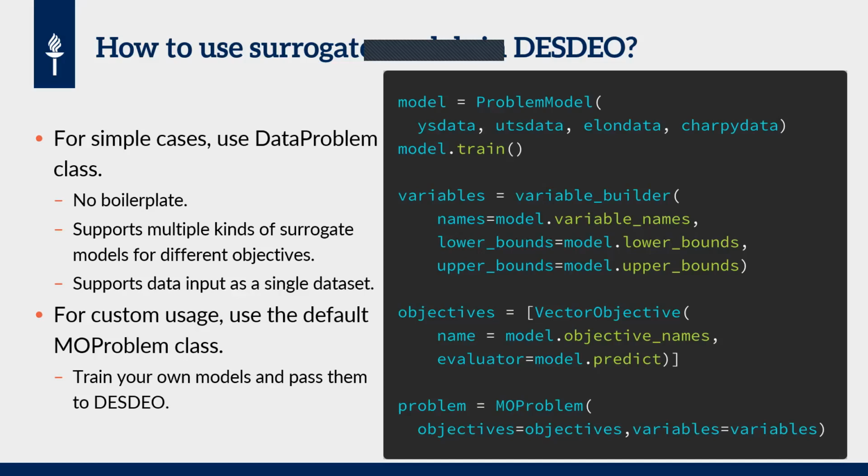Inside this predict method, what is actually happening is we have 4 different surrogate models for our 4 different objectives. And if you're familiar with scikit-learn, the surrogate models have their own predict functions. So we are calling the predict function of those 4 surrogate models inside this function, collecting all of the results.